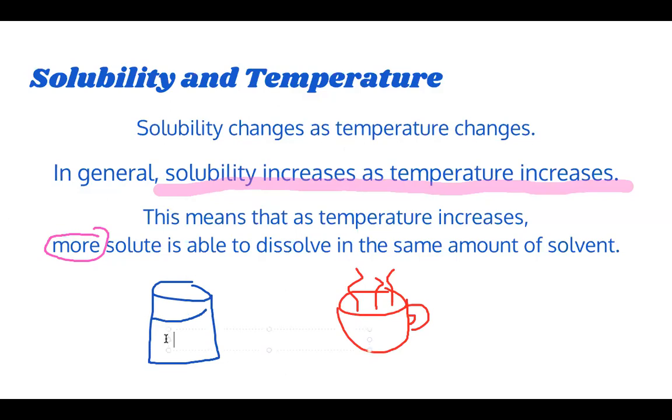You can really dissolve more. So maybe in your ice water, you can dissolve 6 teaspoons of sugar before it hits that saturation point and nothing else dissolves. But in your hot one, you really might be able to dissolve 24 teaspoons of sugar before it hits that saturation point. Okay?